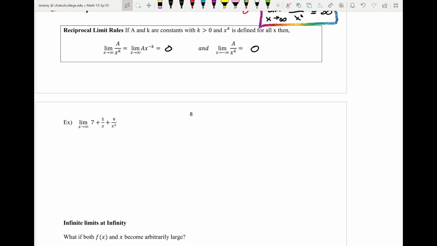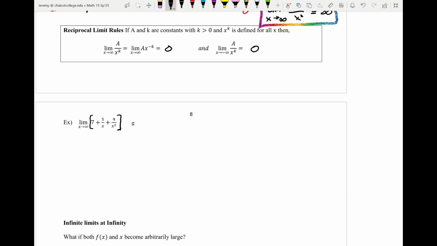All right, so if we wanted to evaluate a limit like this one, and really there ought to be grouping symbols, we're taking the limit of this sum here. So we're looking at, as x goes to infinity, of 7 plus 5 over x plus 9 over x squared. That's a whole sum inside of a limit, but we don't have to be too deterred by this, because we have this rule which we learned in section 2.2.